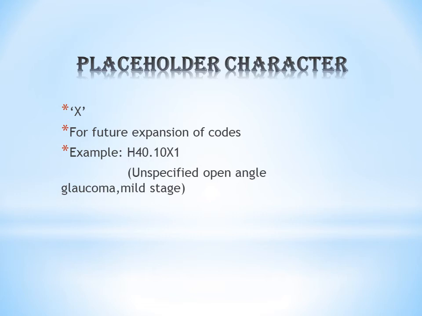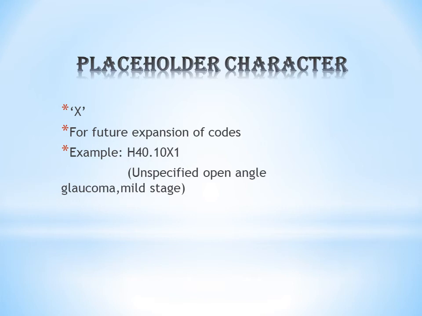Okay. So if you have a textbook, please find the code for unspecified open angle glaucoma, mild stage. First you have to check the alphabetic index to disease and injuries. Then you can see glaucoma, unspecified open angle. The code will be H40.10. Then confirm it in the tabular list.